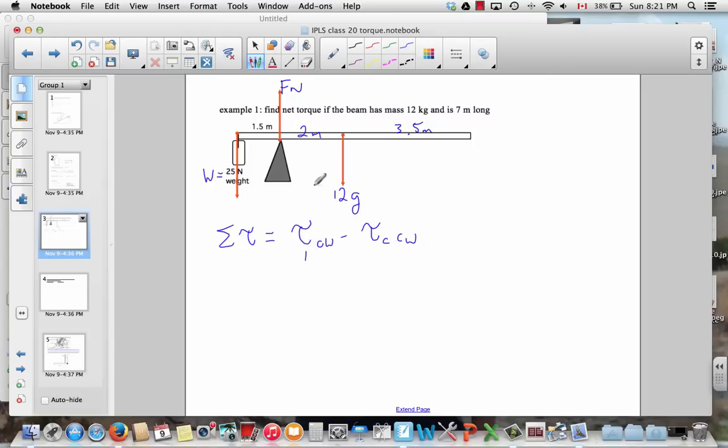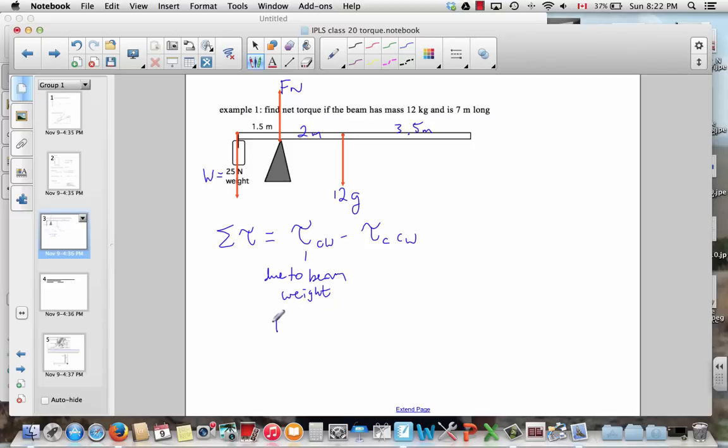Now, if you lay a pencil along the beam, hold it right here, and then push downwards with this weight, you'll see that it tends to make the pencil rotate counterclockwise. This 12g force, on the other hand, tends to make the pencil rotate in a clockwise direction. So the clockwise torque is due to the beam's own weight, which is 12 g of force.